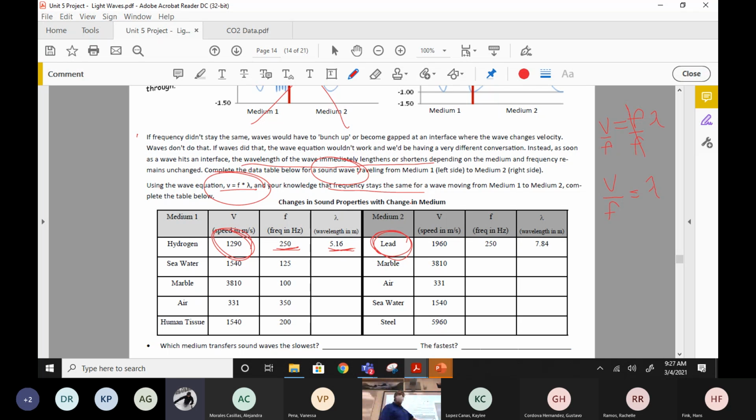Does it give you this answer? 7.84. Yeah? Okay. So this is what we're going to be doing to fill this in. Can you find the wavelength of sound in seawater by doing that same thing we just did? The wavelength of sound in seawater.